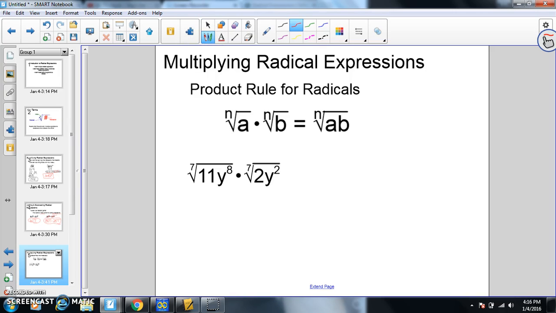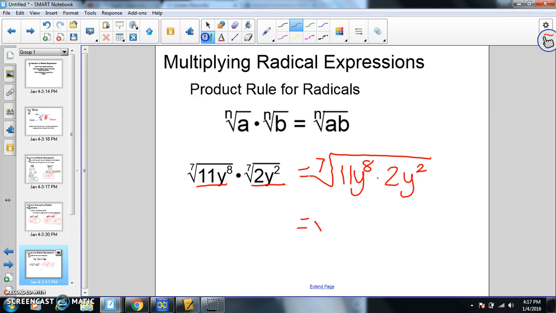So in our first example, we have 7 as our index for both radicals. So then we are going to multiply the insides. So this is equal to the 7th root of 11y to the 8th power times 2y to the 2nd power.